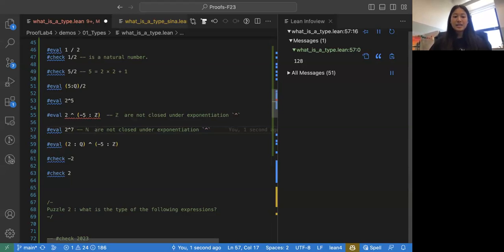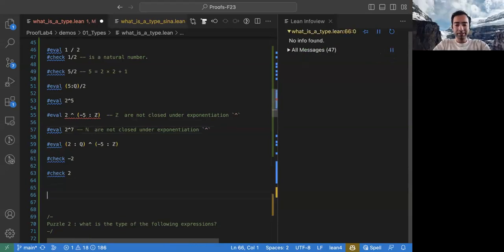So is there some way to ask Lean, anytime you have an issue with the type, just turn your natural numbers into integers and turn your integers into rationals, until it works? So it just automatically does that.